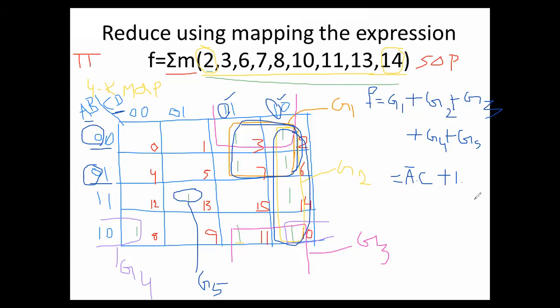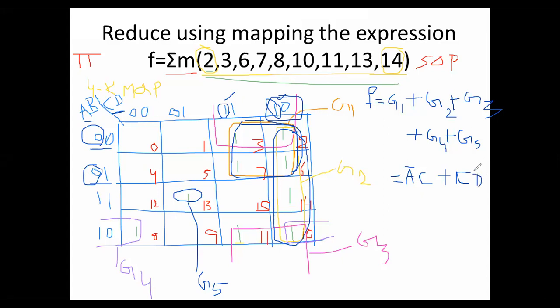Dot. What about CD here? This group 2 belongs to only this 1 0. 1 0 means C is 1, so this is C, and D is 0, so D bar.